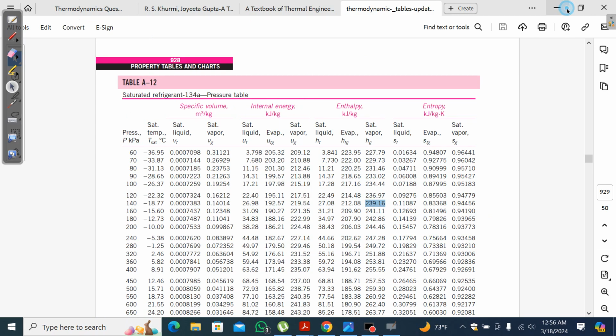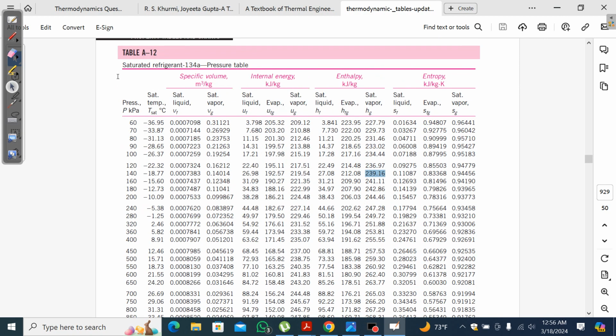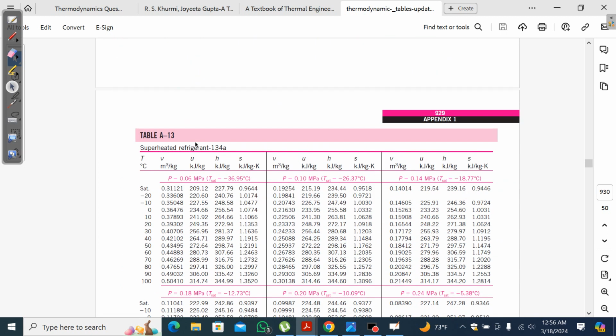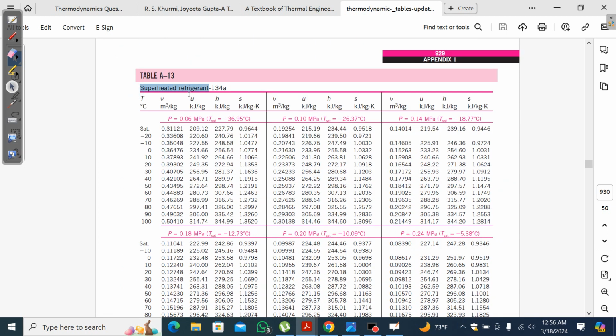So we are going to the property table, and of course, that was the saturated refrigerant, and now we need the superheated refrigerant 134A, and here it is. So we have to find the pressure of point 2.